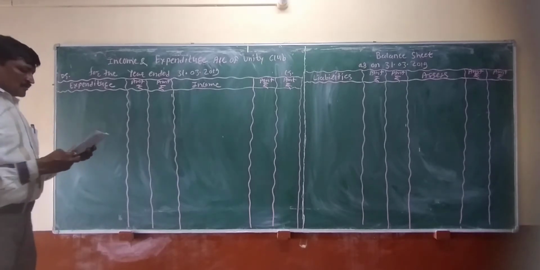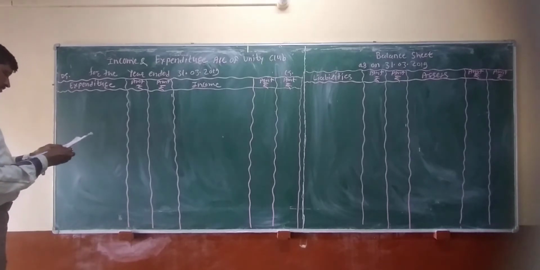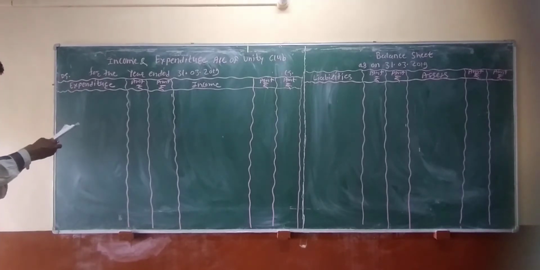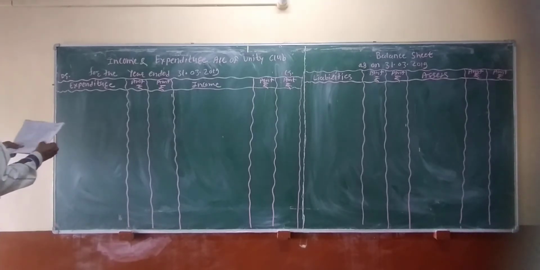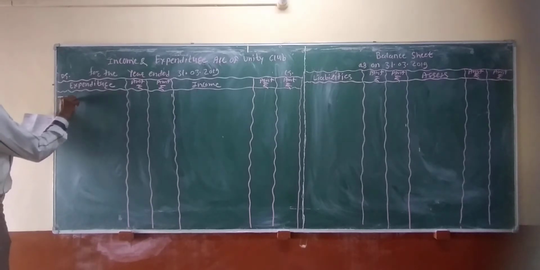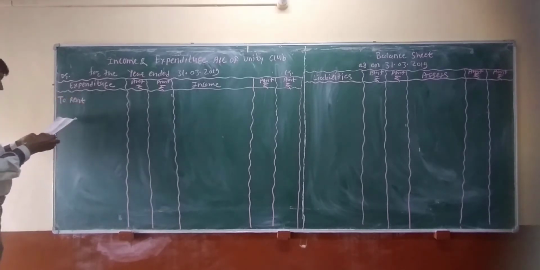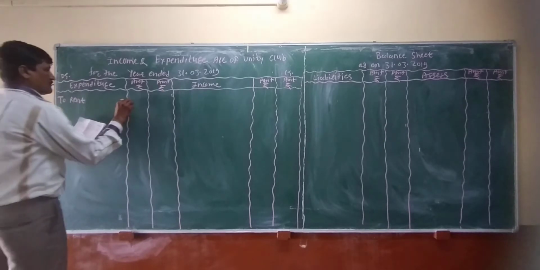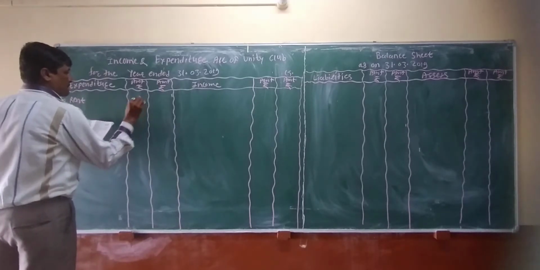First, you see the payment side. To rent, you write in the column 6,600.